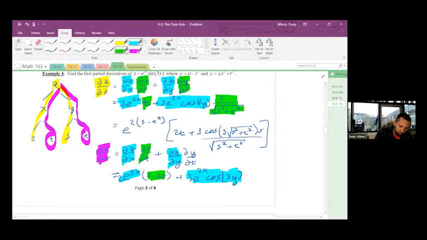And then we also need the partial of y with respect to t. Partial of y with respect to t will be t over square root s squared plus t squared.